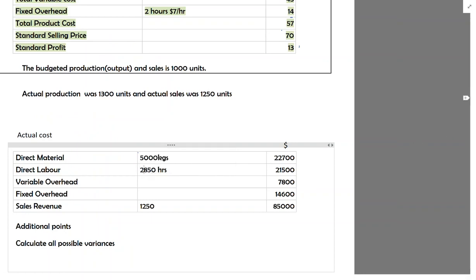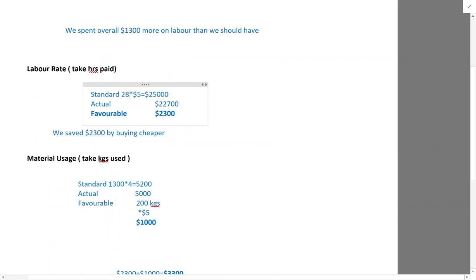So 2850. 2850 multiplied by rate per hour is 8. Yeah? This is how much we should have paid for the hours paid. 22,800. And what did we actually pay? 21,500. So actually we paid less. Yeah?